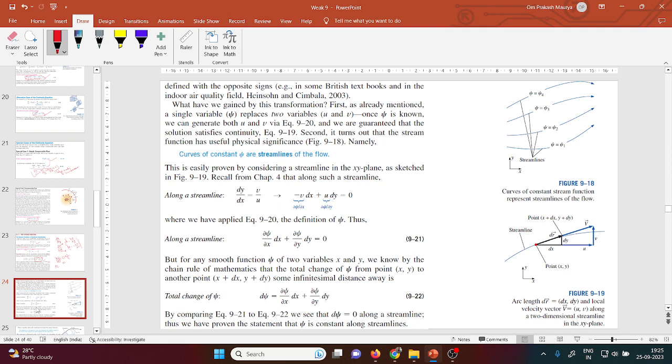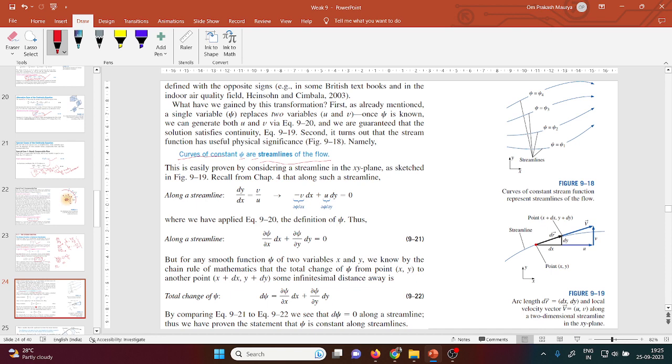So you all know the equations of the streamline. The curves of constant psi are the streamlines of the flow.